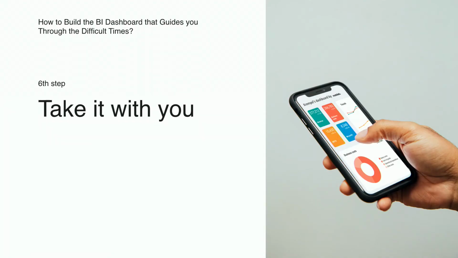Sixth step is kind of unique for us because we work in the mobile industry. We tend to separate information that we need at the office, at our home, from information that we need every day when we're moving outside. So we're true believers of mobility, and that's why we take a few of the dashboards with us. Mobile dashboard is something that we check daily.